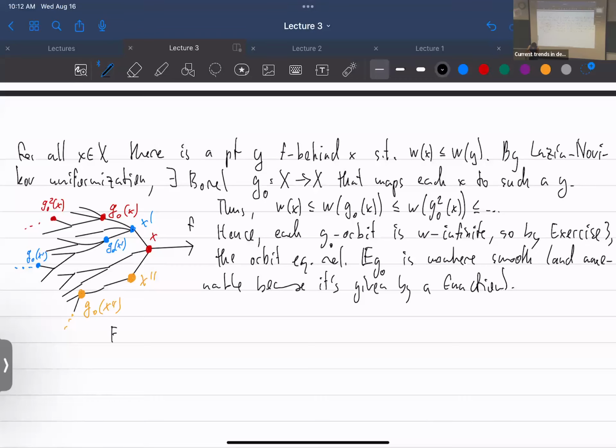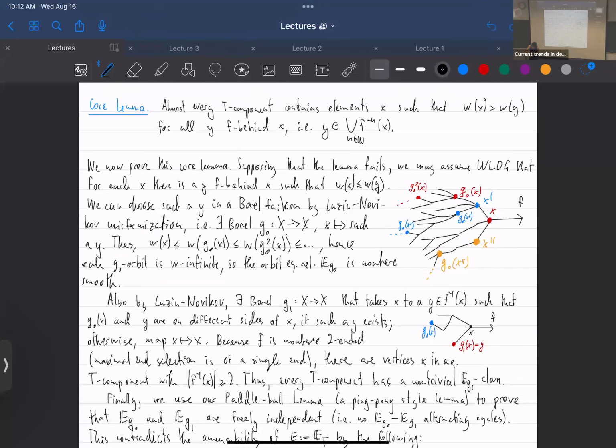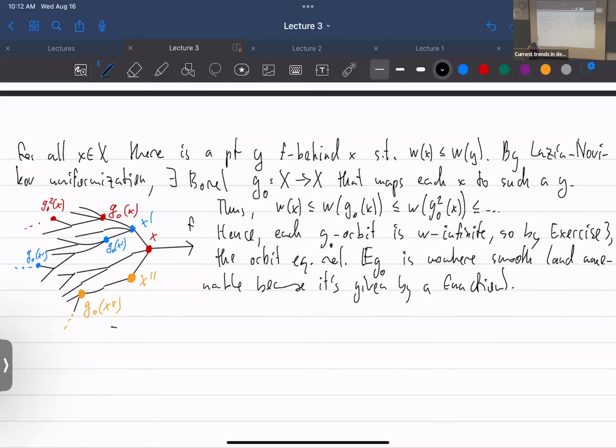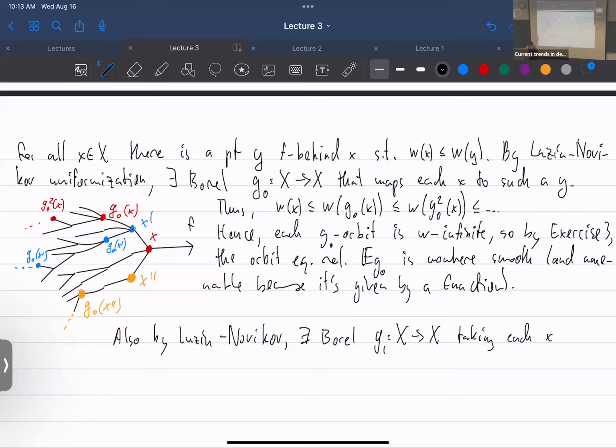So furthermore, also by Lusin-Novikov, we can define a Borel function G1 from X to X, taking each x to an immediate preimage, if such a thing exists, and if it doesn't exist, we just leave x alone.